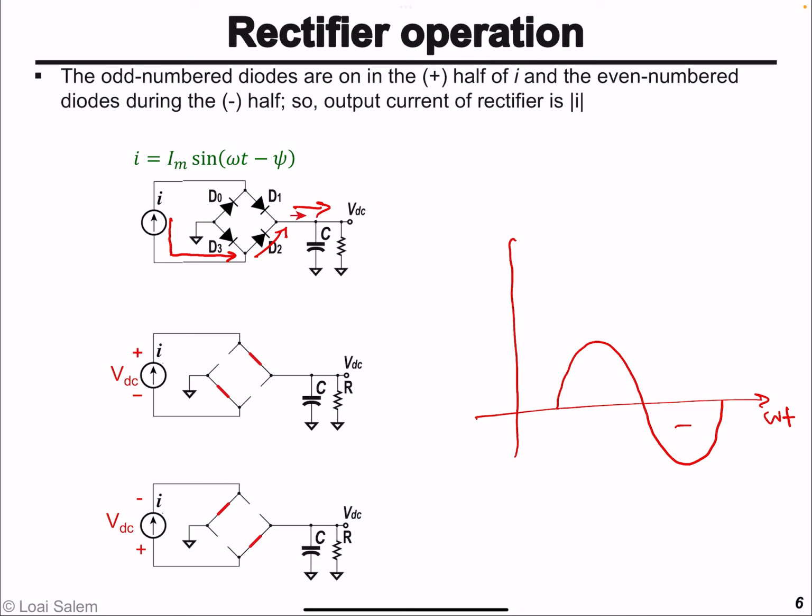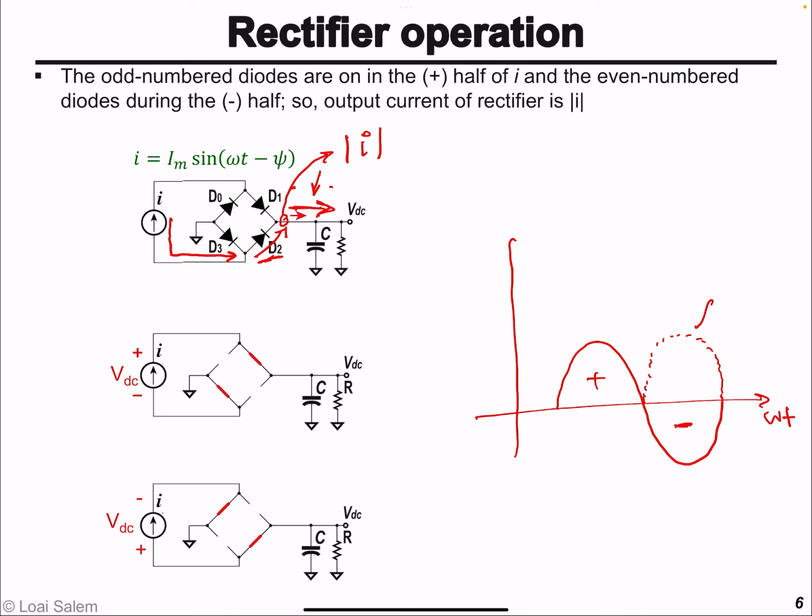Again, the current here is positive from left to right in both cycles. In the positive cycle, it's from left to right, and also in the negative cycle, since it comes via D2, it's from left to right. So this is the output current delivered by the rectifier, which is the absolute value of the sinusoidal current I. If we look at the output current of the rectifier, it takes the negative half cycle and flips it upside down, so it becomes positive.